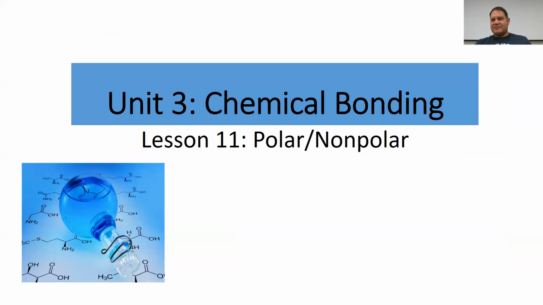We have talked about resonance structures, and we have focused on the VSEPR shapes. And now we're going to get into determining if a molecule is going to be polar or nonpolar. But before we do that, I'd like to review polarity in general first.